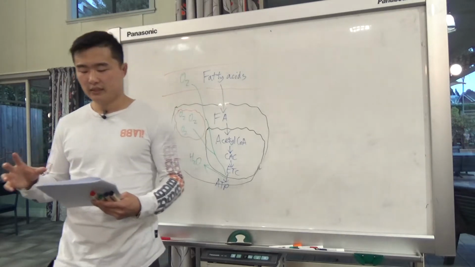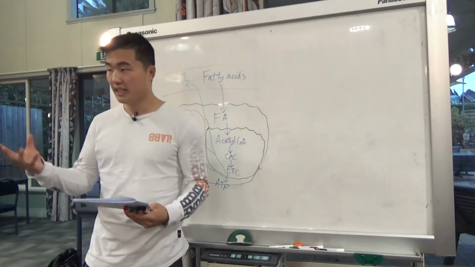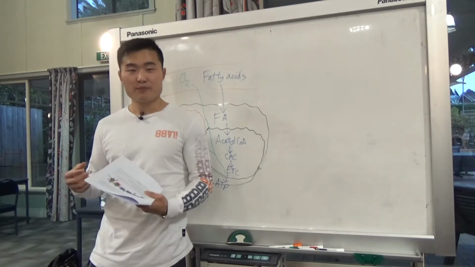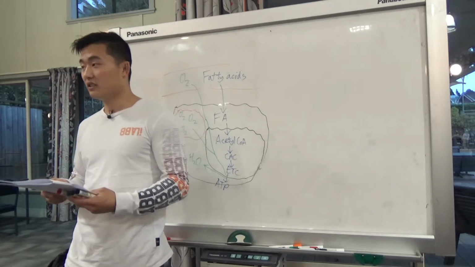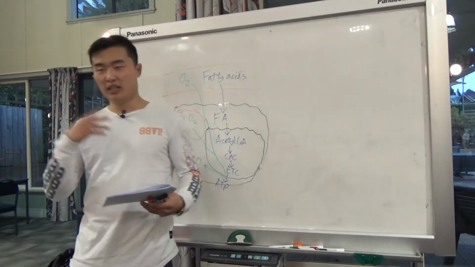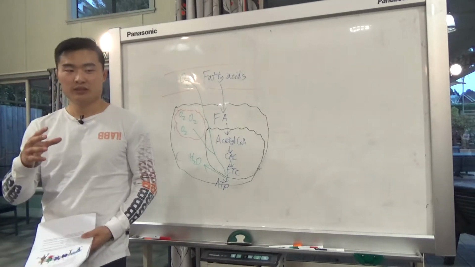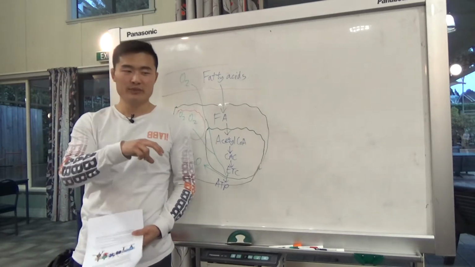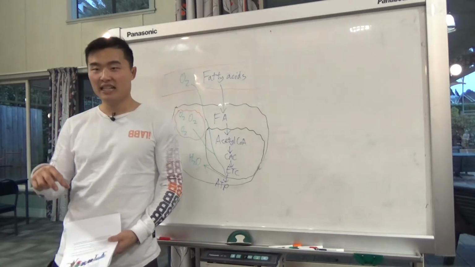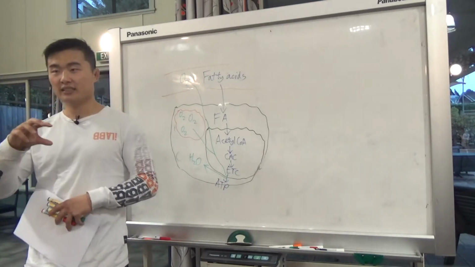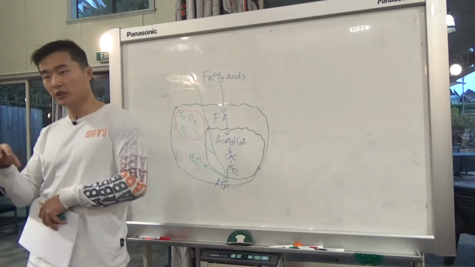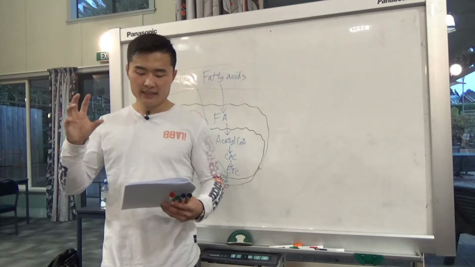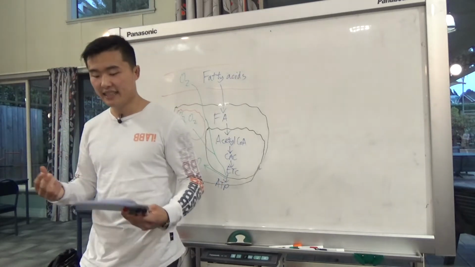So remember, what was the purpose of the electron transport chain? Yep. The purpose of the electron transport chain is to generate that proton gradient between the intermembrane space and the mitochondrial matrix, and that proton gradient, or the proton motive force, allows the generation of ATP by allowing the flow of protons through ATP synthase.